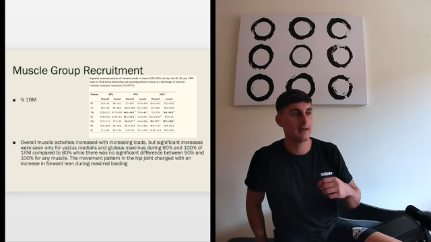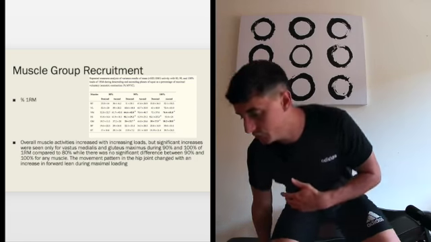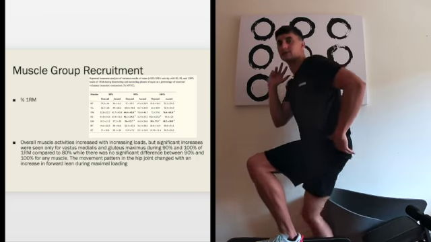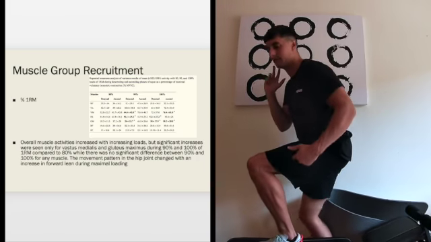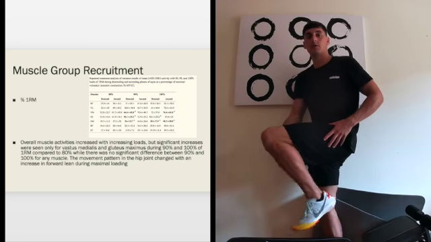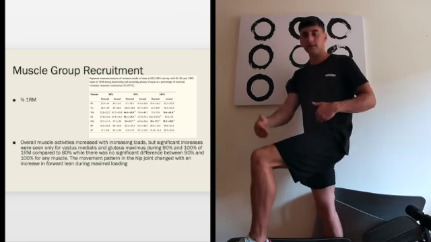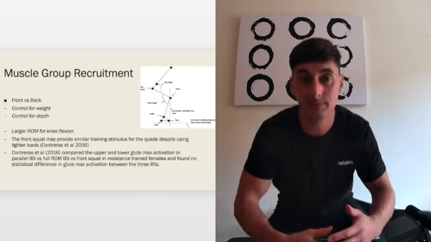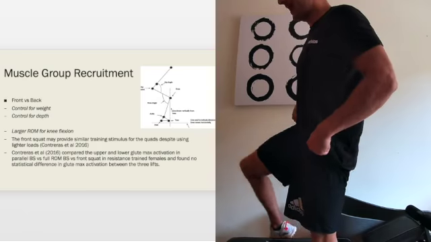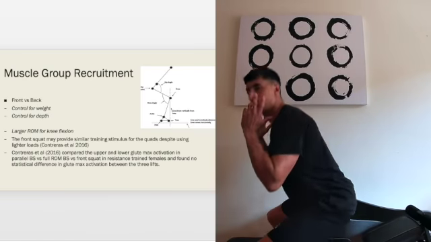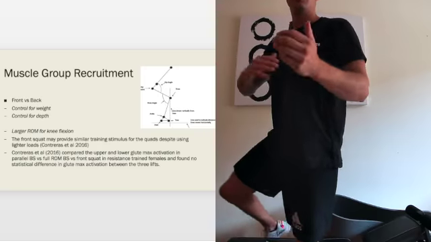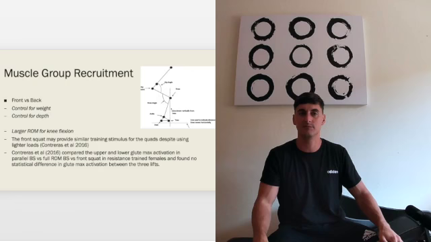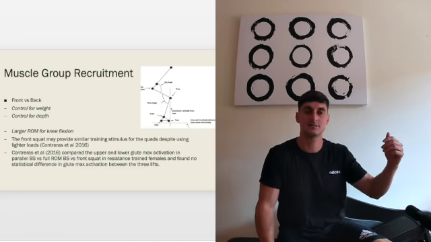But of course, if you look at a front squat and they're going ass to grass, right? If they're going deep in there, then you've got way more knee flexion. So you're taking the quads through a larger range of motion, so then it's going to be a more quad dominant movement, right? Versus if they're doing back squat, let's say, and they're just going to parallel. All of a sudden, you have way less range of motion on those quads. So you could easily make the argument that it's not hitting the quads as much.